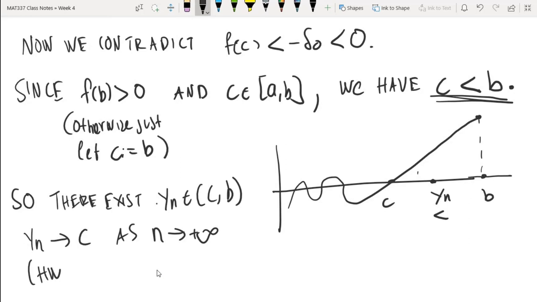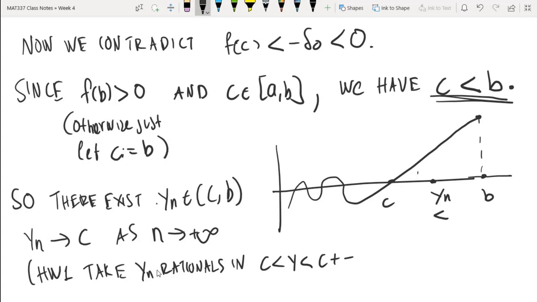For example, from homework 1, take yn to be rationals in (c, c plus 1 over 10 to the n). Is that okay?